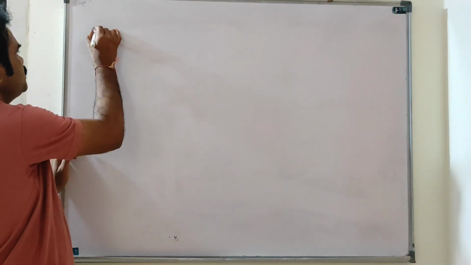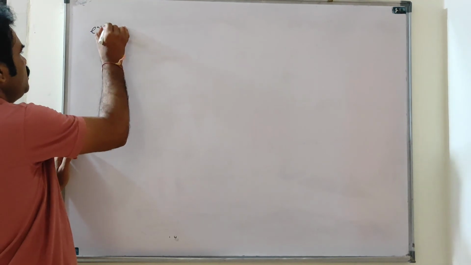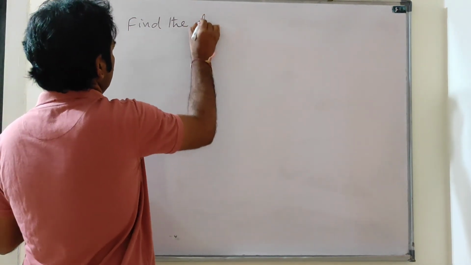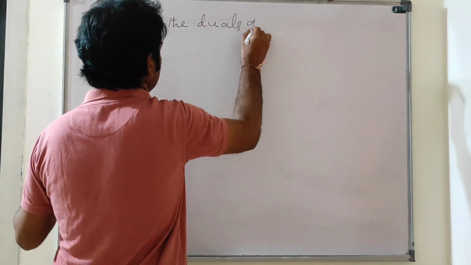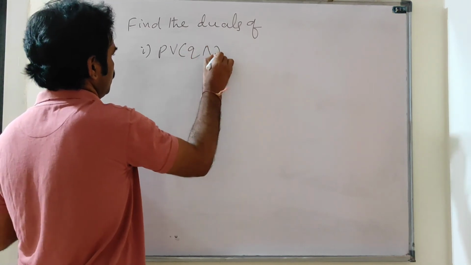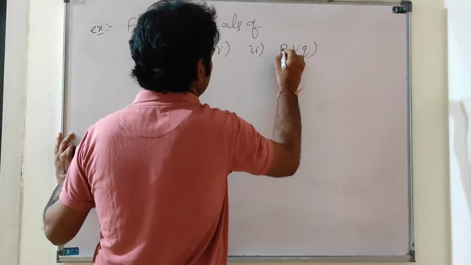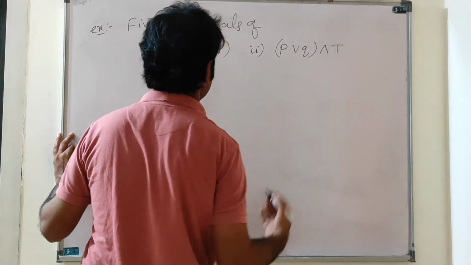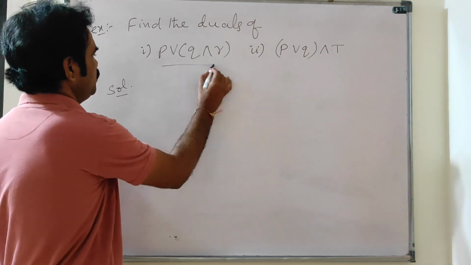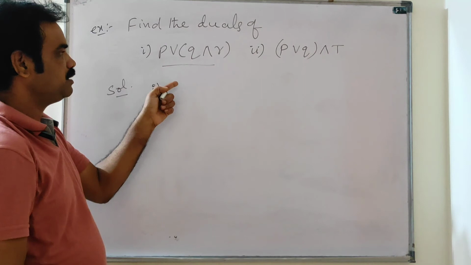See the example. Find the duals of: first, P or Q and R; second, P or Q and T. See the solution. The dual of P or Q and R: just by replacing or by and, and and by or, you get the dual.